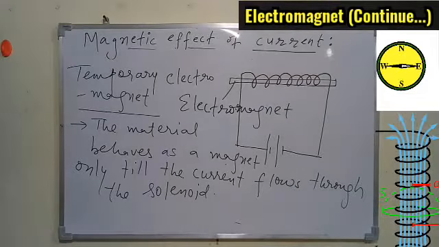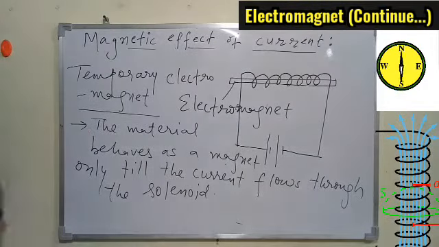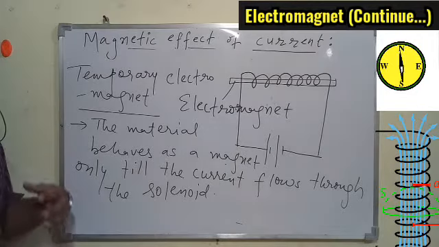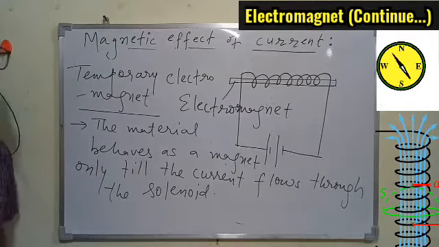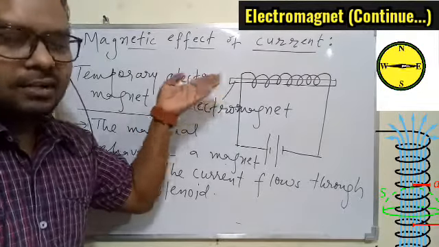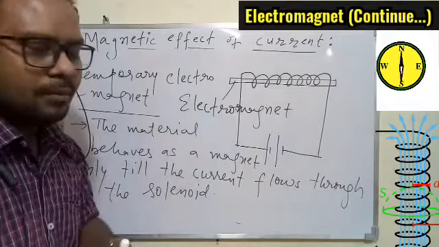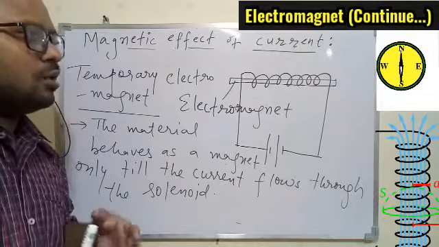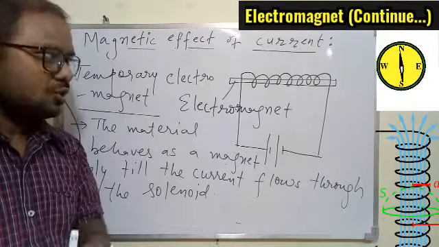Okay, that's why in general the electromagnet is a temporary magnet, but it is possible to make a permanent electromagnet also. That is, by having a particular material we can make a permanent electromagnet, but more about this will be discussed in 12th class, not in class 10th.